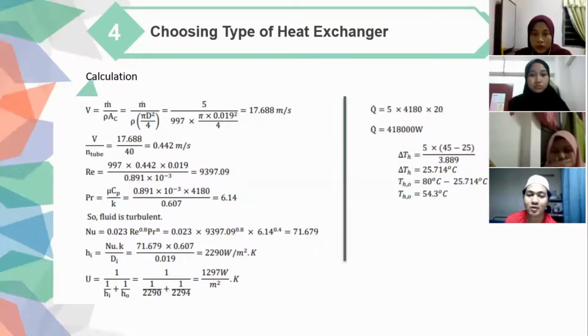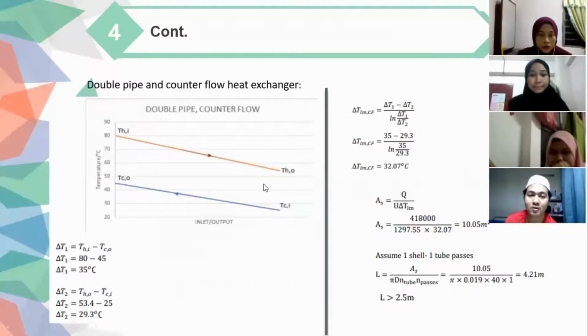Next slide. After we get all the information that was not given in the first place, we can continue to find the length for every design. We start with the first design, which is the double pipe counter flow heat exchanger. This is the graph for it.